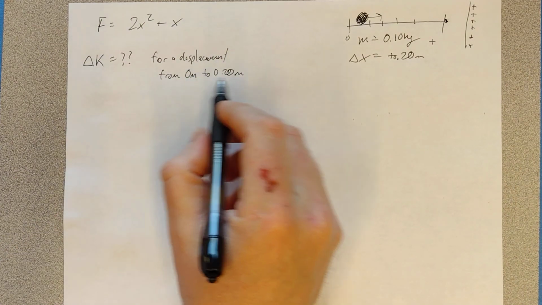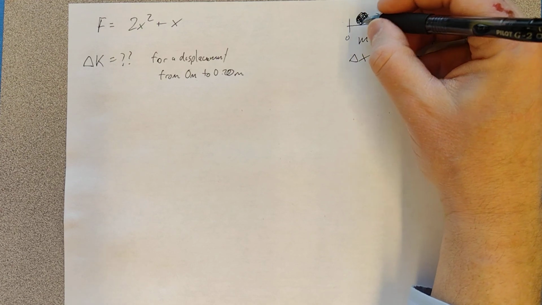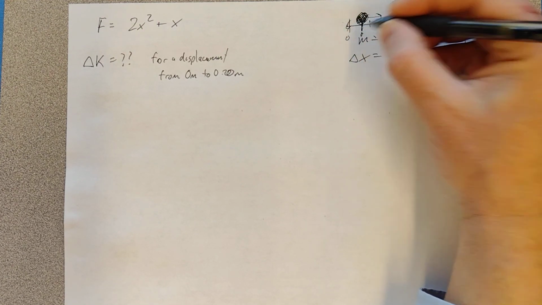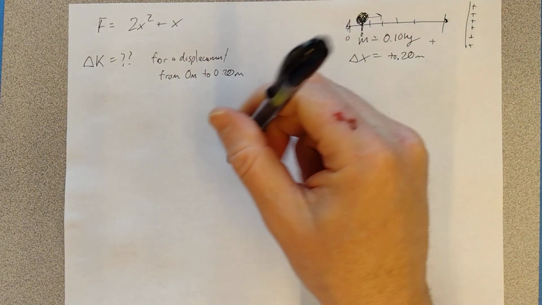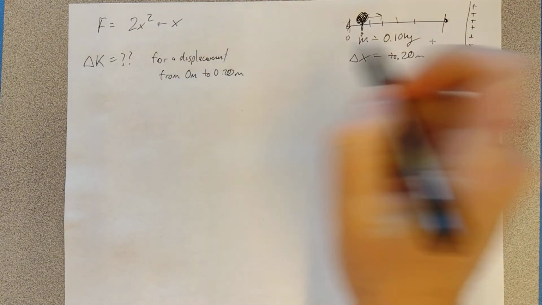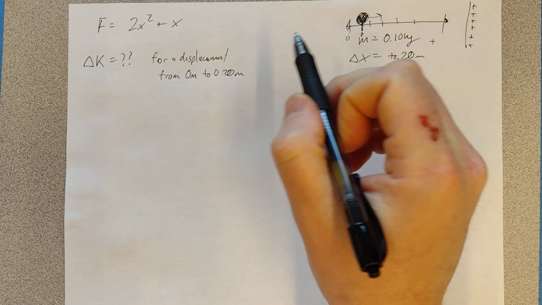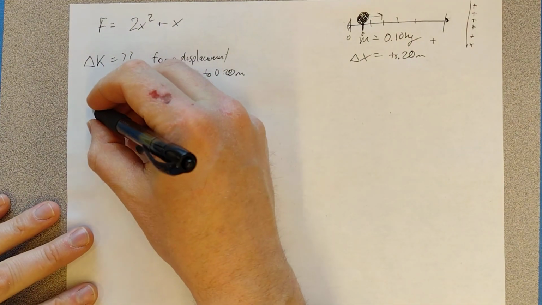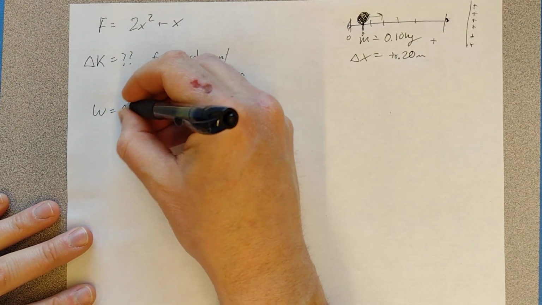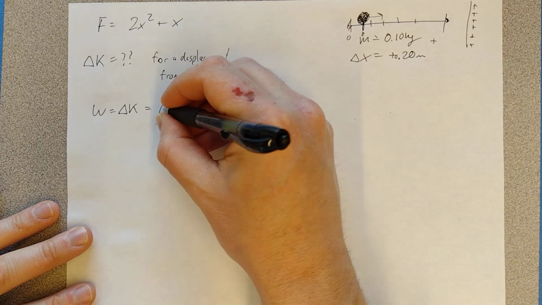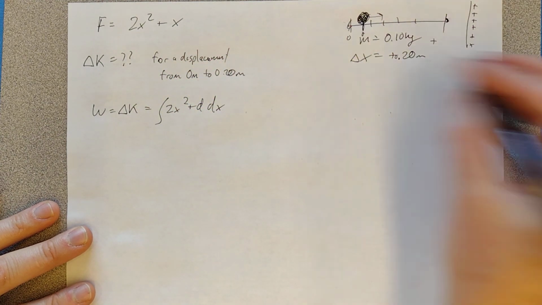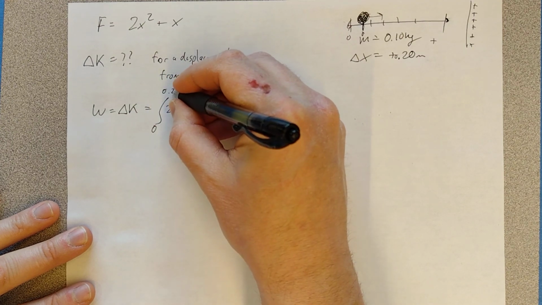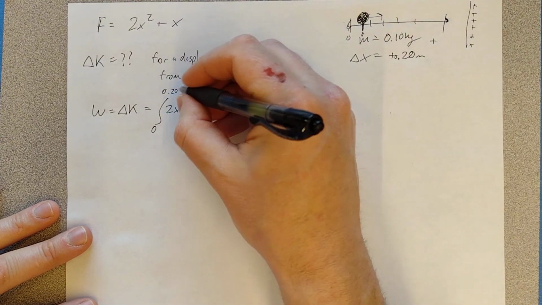And then it really depends. Pretty much you're always going to want to make your object start at the position of 0 so that your limit on your integration is just one-sided. All right, so the work done, or the change in kinetic energy, equals the integral of 2x squared plus x dx from 0 to 0.20 meters.